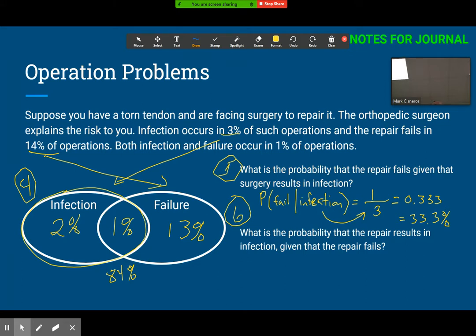Number 6 is the other way around. See if we can figure out number 6. And then look up to see if you got it right.